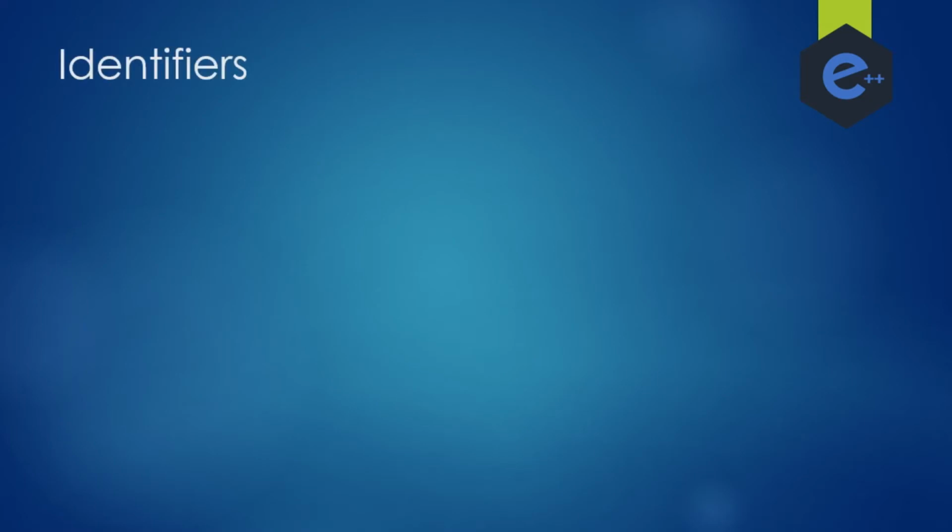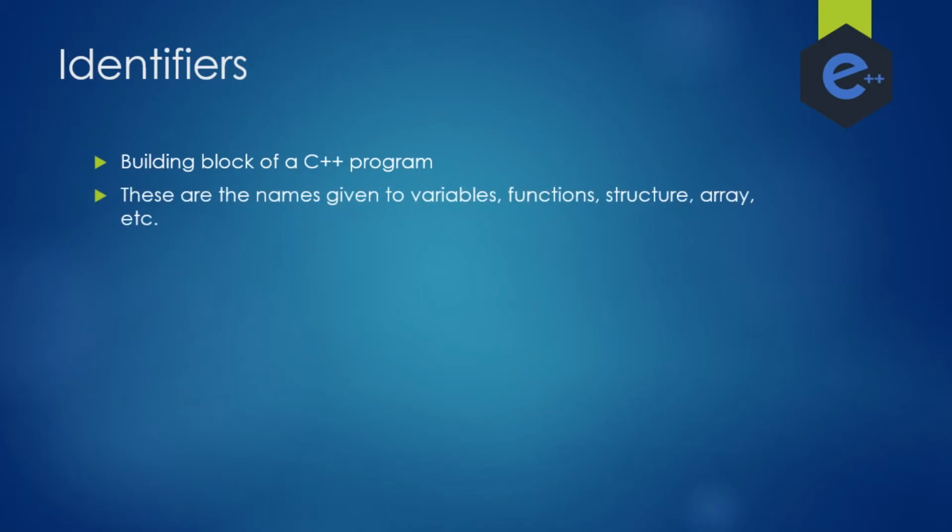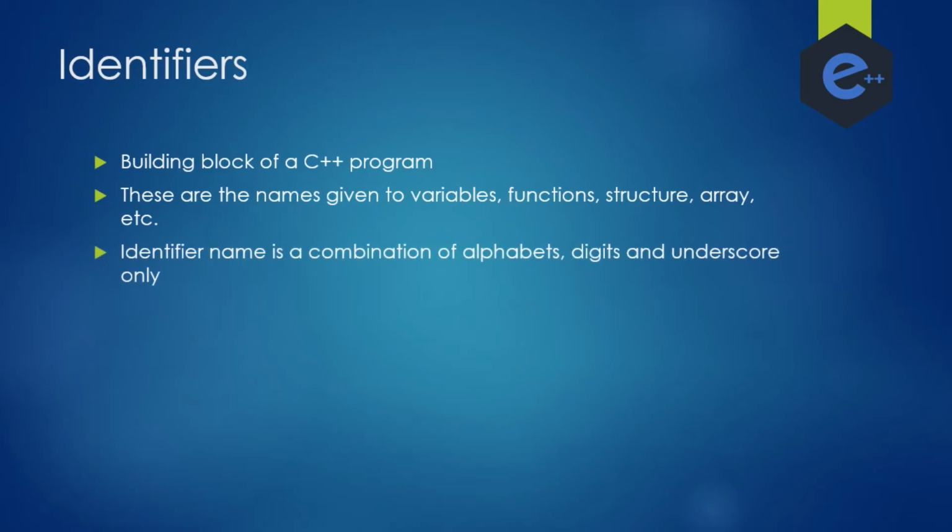Next one is identifier. Identifiers are the building blocks of a C++ program. These are the names given to variables, structure, array, etc. So, there are conventions in writing identifiers name, which are: 1.